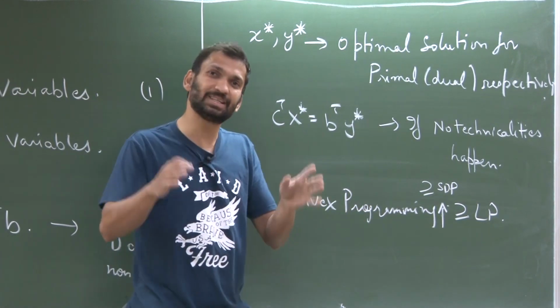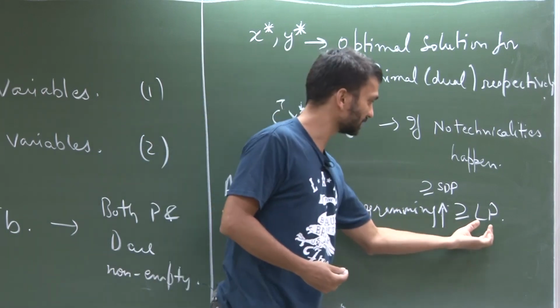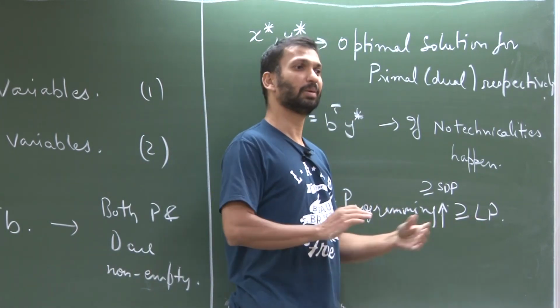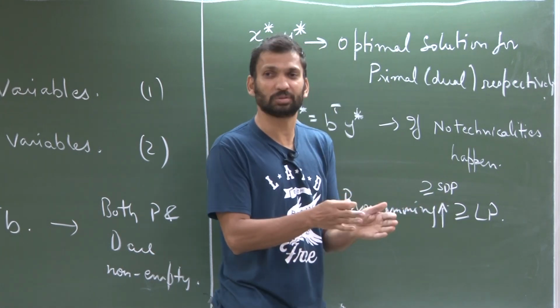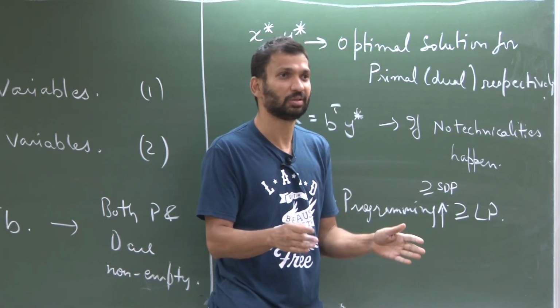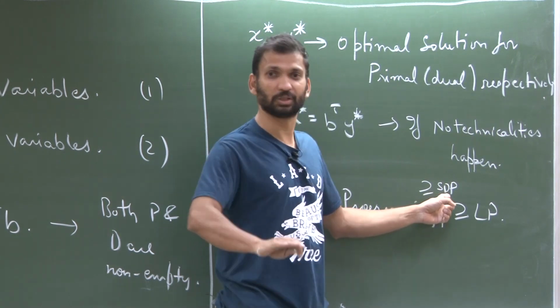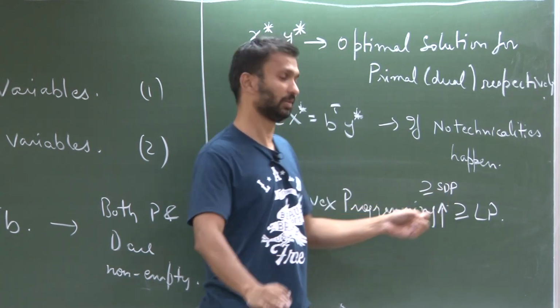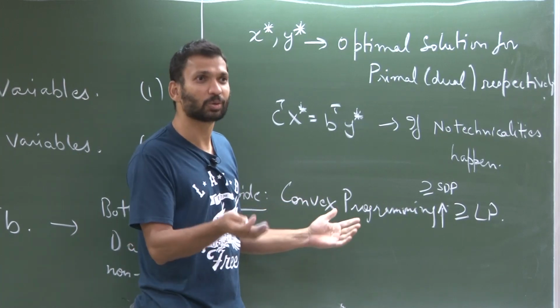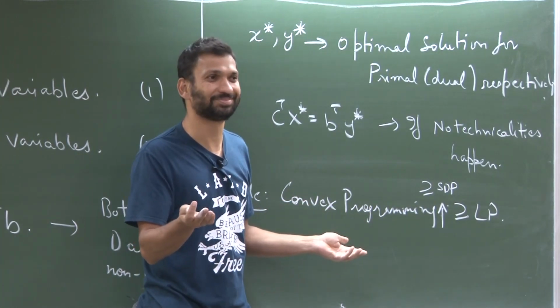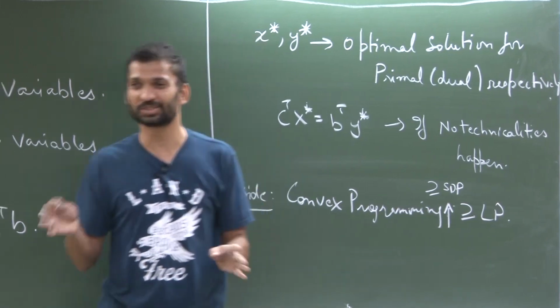Okay, so in the big scheme of things, it's nice to remember that LP is something we are studying, but there is a bigger class of problems. So if your problem is not LP, not all hope is lost. Probably it is semi-definite programming, then you are still very, very okay. If it is convex programming, you are fine. If it is not convex programming, change your problem, do a PhD on something else.